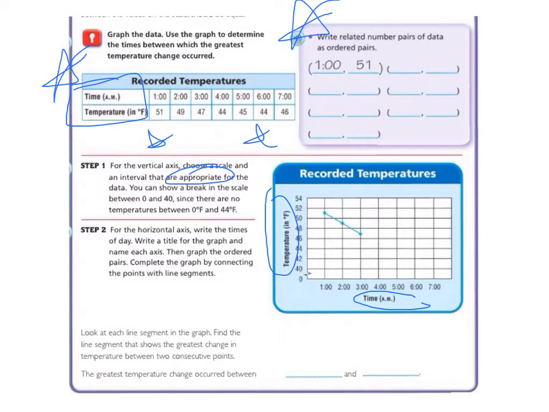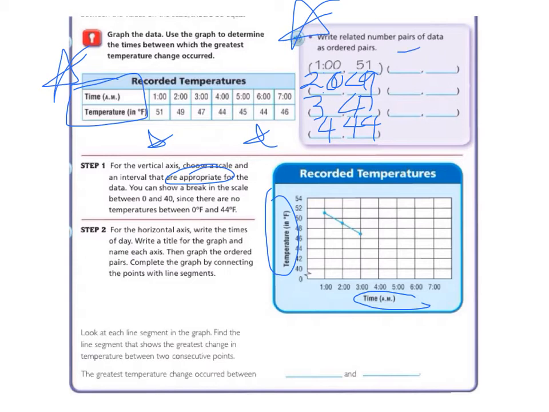So at 1 o'clock it was 51 degrees. At 2 o'clock it was 49 degrees. At 3 o'clock, I'm just going to put a 3, it was 47 degrees. At 4 o'clock, it was 44 degrees.